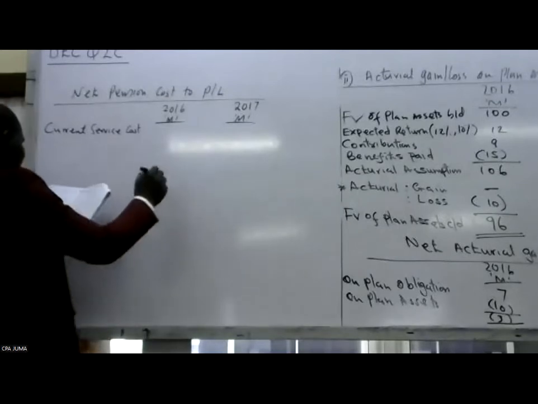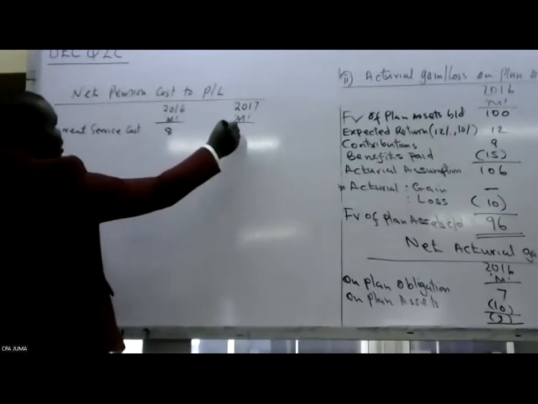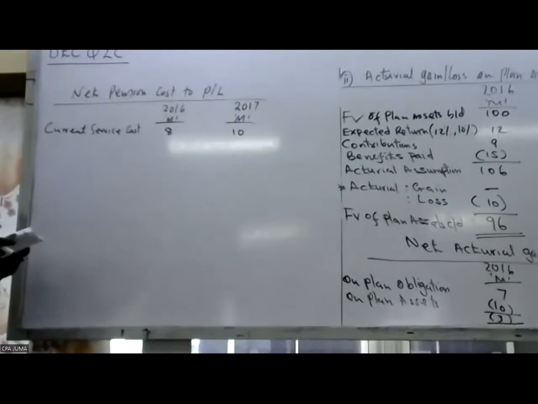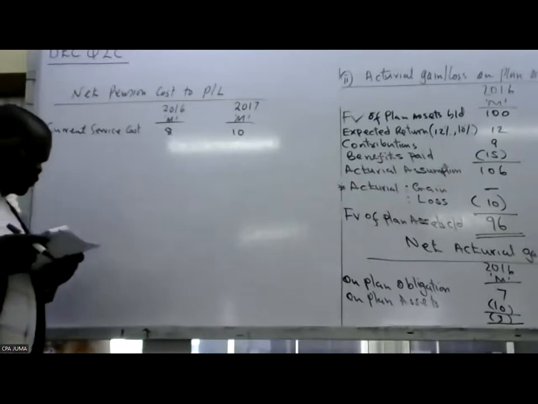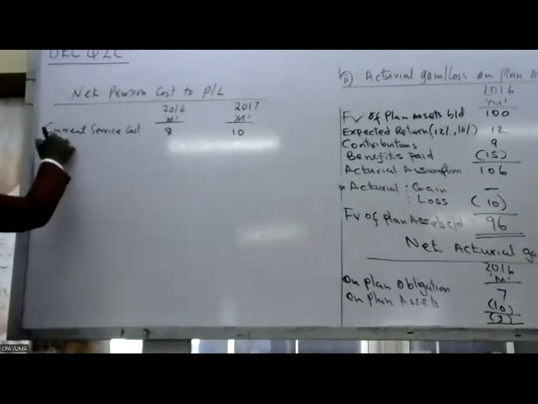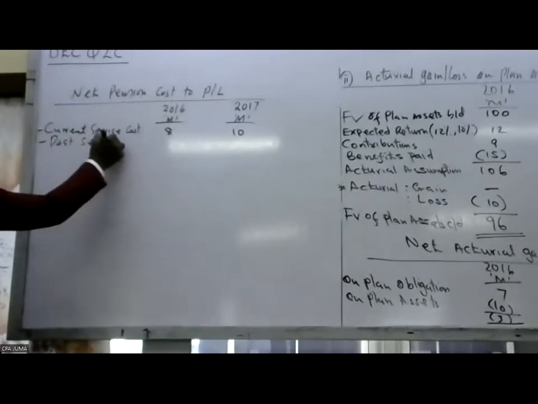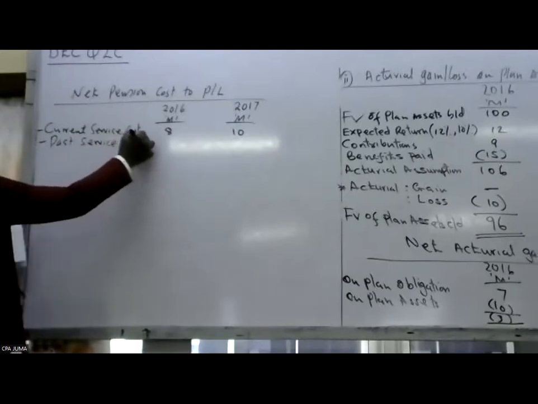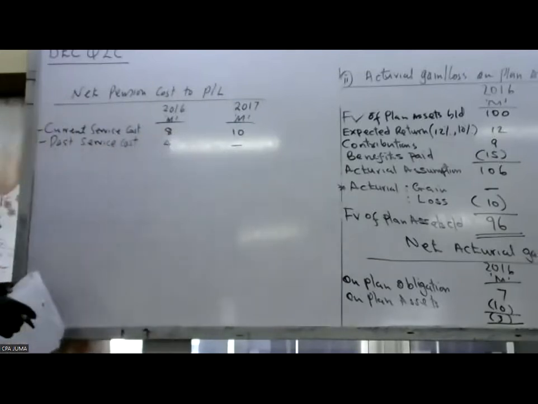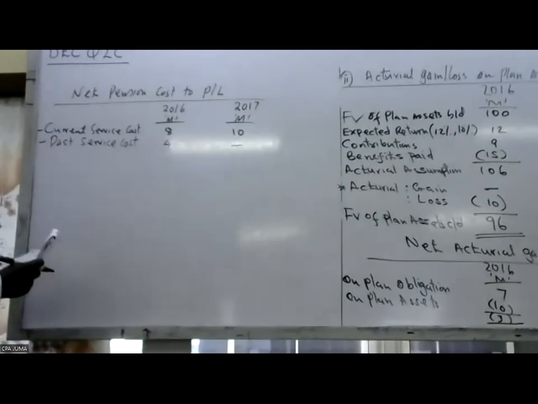How much? 8 and 10. Then benefit is not an expense. Contributions, no. Past, yes. So past service cost is also charged this year. Past service cost is 4. You charge it in the current year, though it relates to prior years.